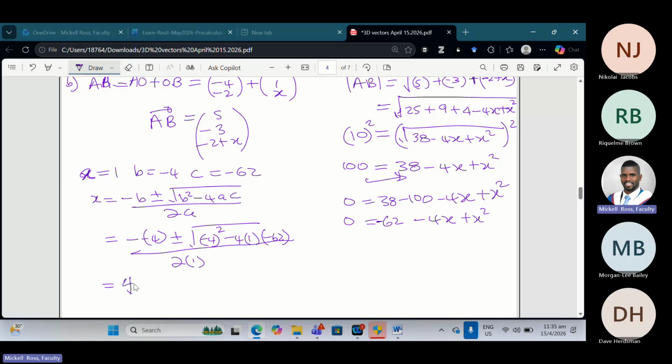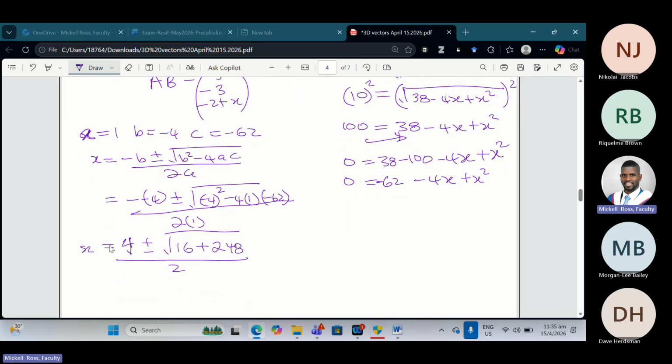We get 4, since the negative of the negative gives a positive, plus or minus the square root of 16 plus 4 times 62, the negative times the negative gives a positive, so positive 248, all divided by 2.